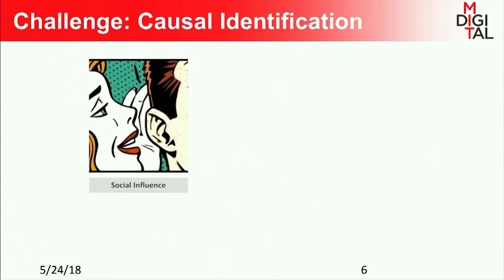Well, social influence is very important for social advertising. It is very hard to identify because social influence is generically confounded with homophily and external confounding factors.